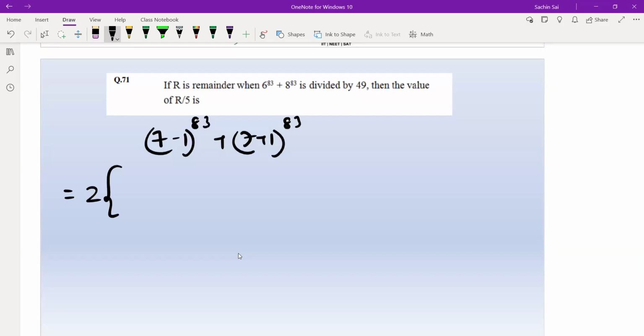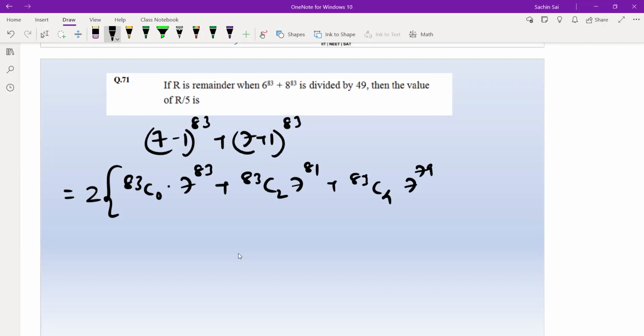So this will be 2 times the first term, which is 83C0 into 7 power 83, plus the third term, which is 83C2 times 7 power 81, plus the fifth term, which is 83C4 times 7 power 79, and so on.